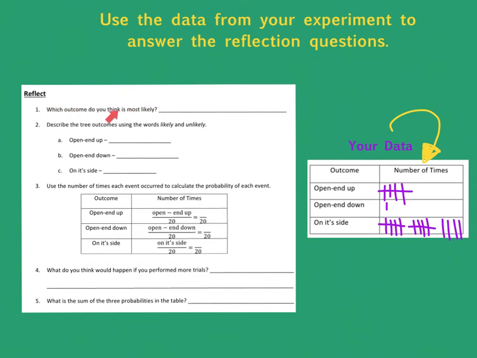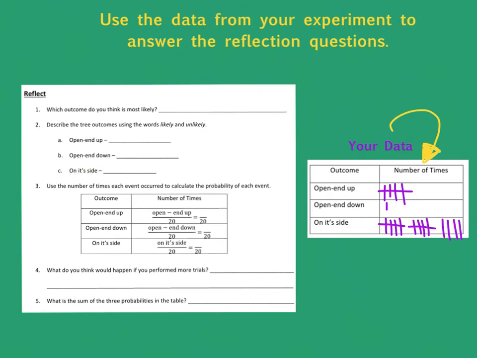There was one that said make a prediction on what do you think would be most likely. Remember, likely means over half. So which one occurred most of the time? We're going to use the words likely and unlikely now to describe my 3 different outcomes.